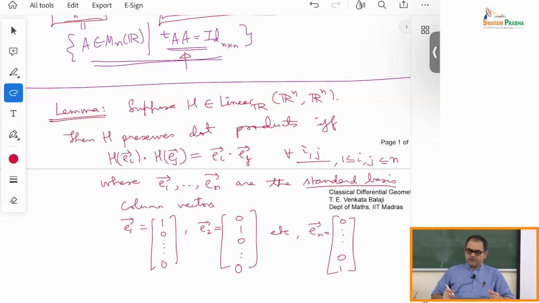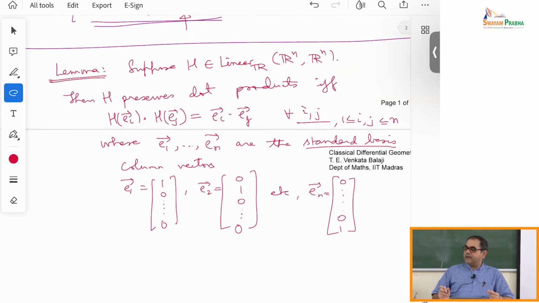So here is the statement. What is the proof of this? The first thing is I am taking a linear map from Rn to Rn. In fact, I don't even need to take a linear map, because we have already seen any map from Rn to Rn that preserves dot product has to be linear.